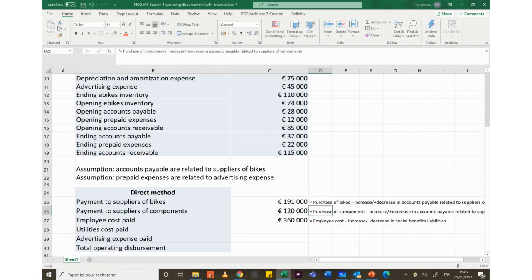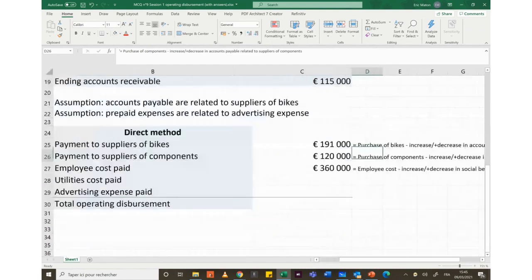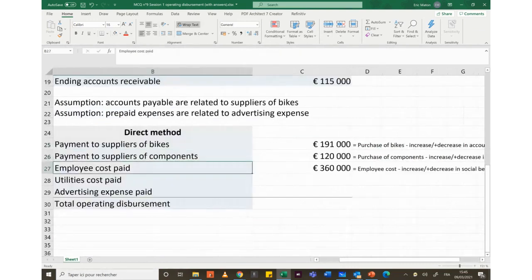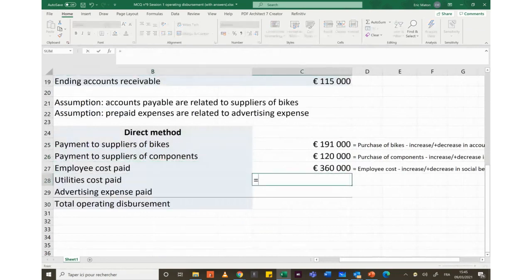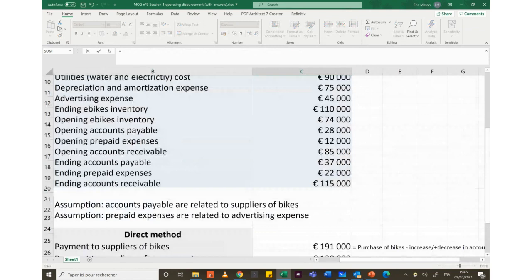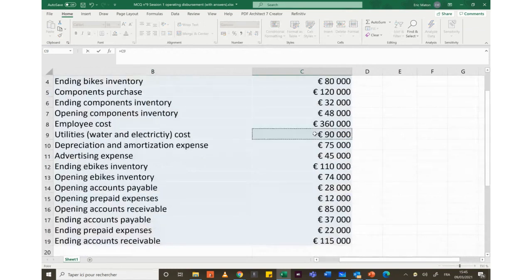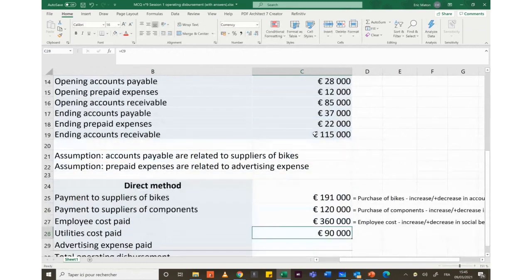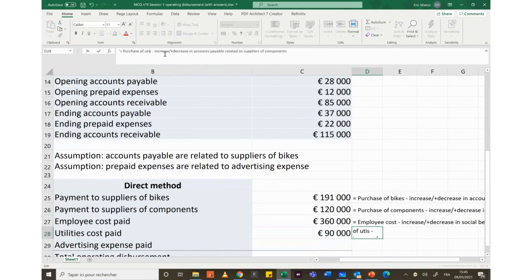All the time, what they purchase here minus the increase in accounts payable related to suppliers of bikes or suppliers of components. So the utility pays, I suppose, is cash paid. So I take directly this one because I have no information about this. But normally I could have accounts payable related to suppliers of utilities. So here, purchase of utilities minus the increase or plus decrease in accounts payable related to suppliers of utilities.